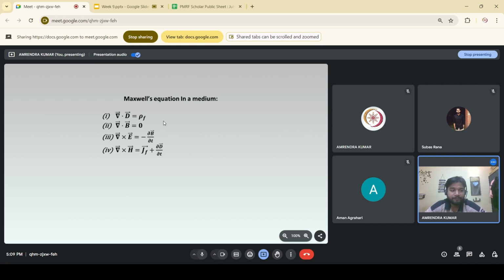So in a medium, let's say a dielectric medium, you apply an electric field along this x-axis. There will be negative charges on this side and positive charges on this side. So there will be a polarization. These charges are induced charges, and they also create some electric field.